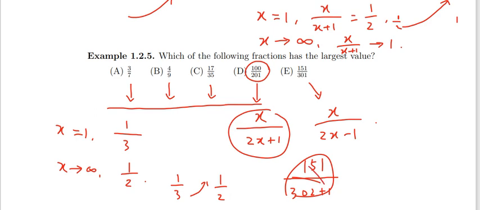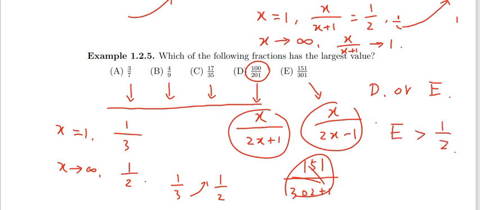So we find this one is big because this is plus 1 and this is minus 1, the denominator is smaller, so this is bigger. We just need to check D or E. E is larger than half, and D is less than half. So E is biggest.